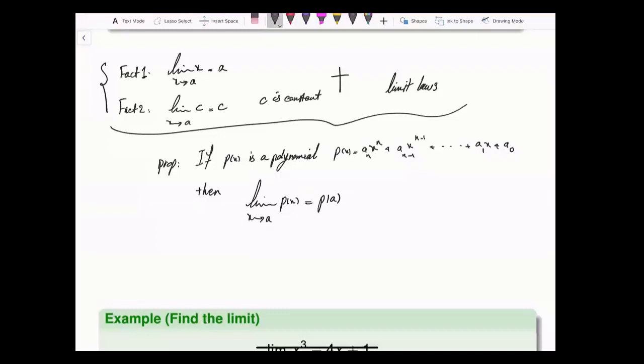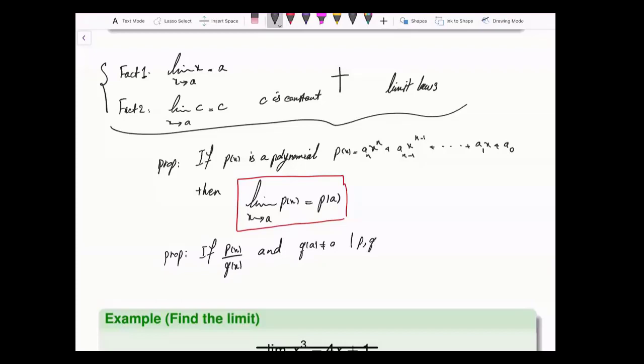And well, this is a very strong thing. It means that when it comes to the polynomial, evaluating and finding the limit is the same thing. And also, if you have two polynomials and you have the quotient of that, p(x)/q(x), and q(a) is non-zero, where p and q are polynomials, then in this case, we call these guys rational functions.